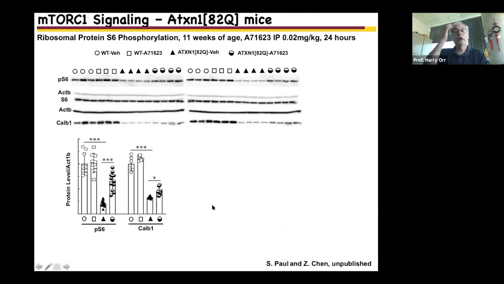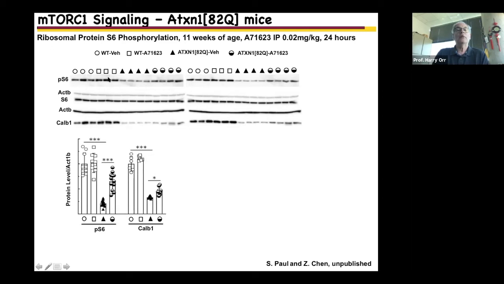And so here are the results we got in treating our 82Q mice by IP injection of the agonist A71623 at 11 weeks of age, and the assessment of protein phosphorylation and protein levels at 24 hours after the IP injection.